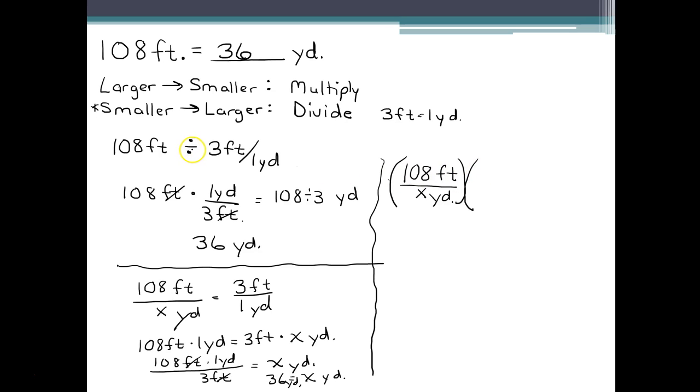And as you're working through this, you've got 3 feet in 1 yard. So you always set this up so that you're going to end up canceling out things the way you need to cancel them out.